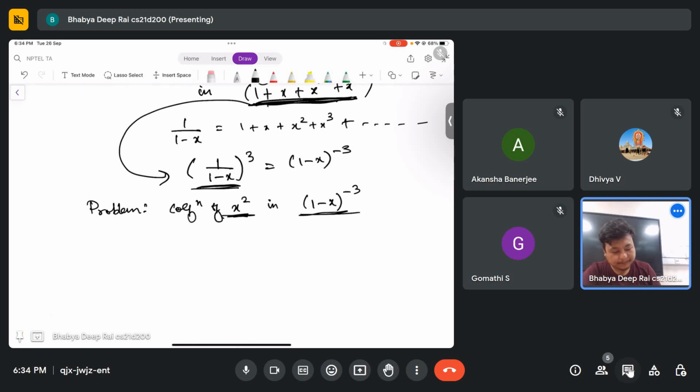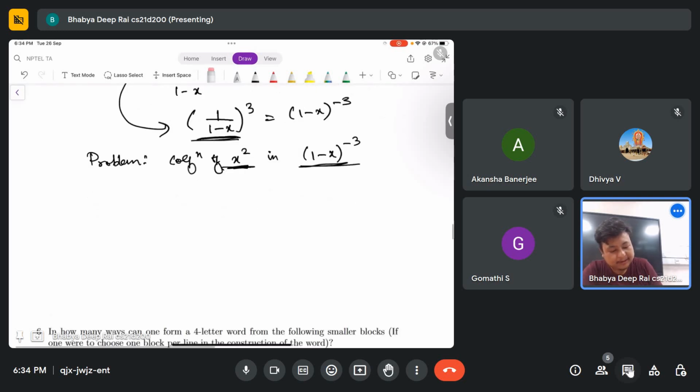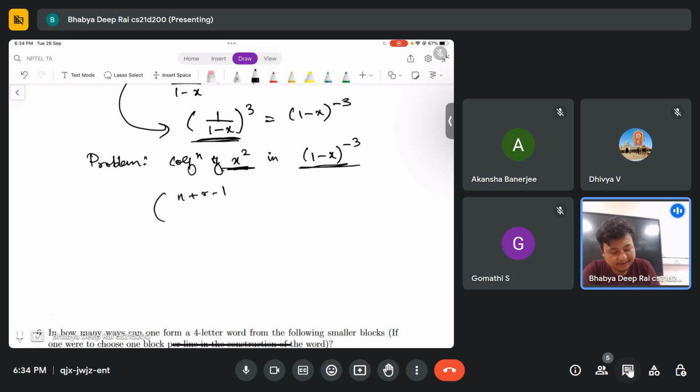Right. Good. So now we can directly use the formula. What is the formula? N plus r minus 1, choose r. What is n here? N is 3 here and r is 2 here.